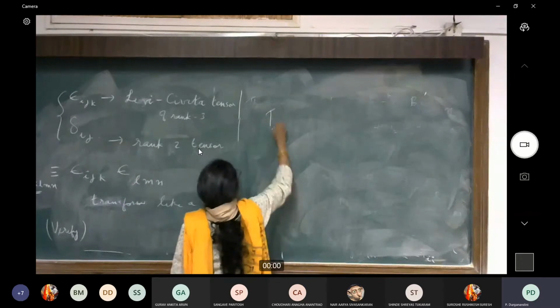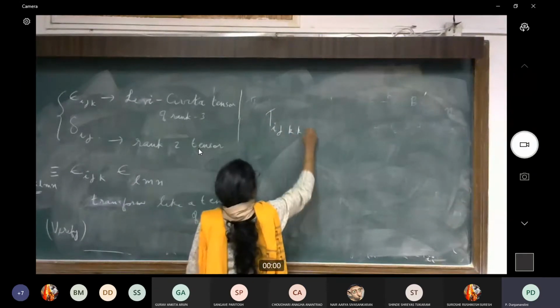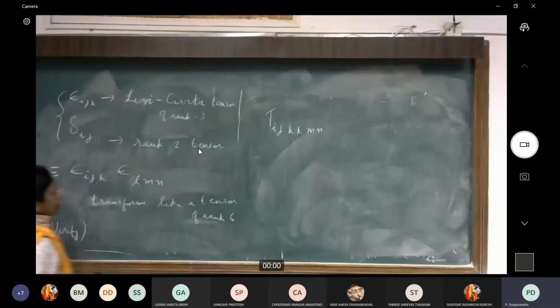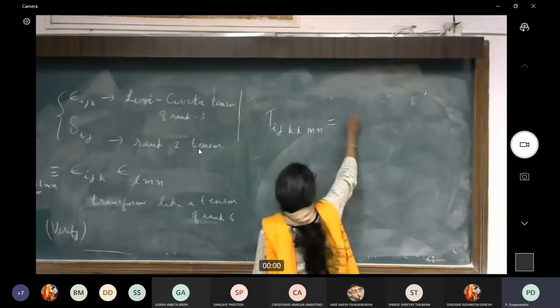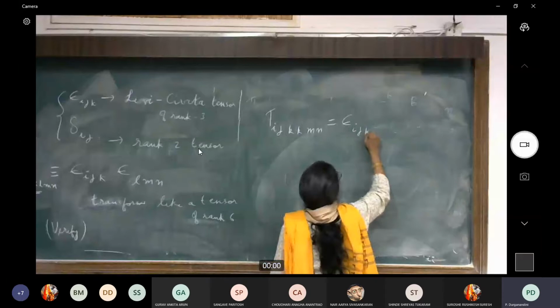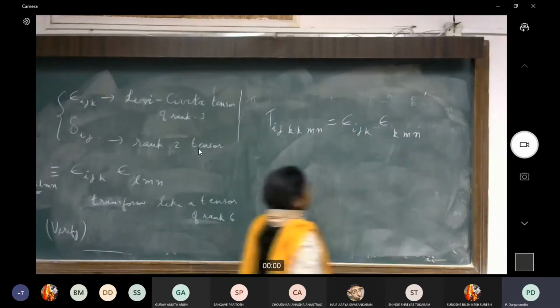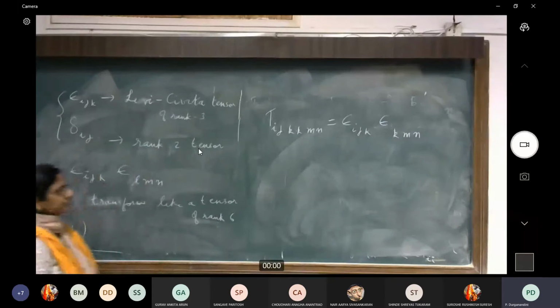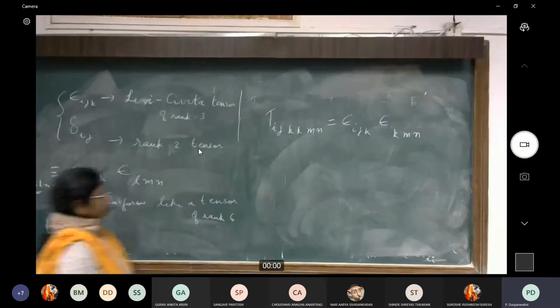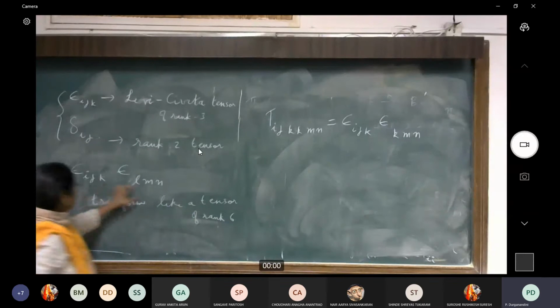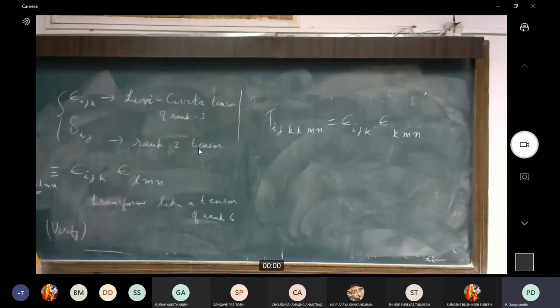So I have T_ijkkmn. So that's going to be, by definition, epsilon ijk epsilon kmn. Agreed? Notice that I've contracted the k and the lth index.